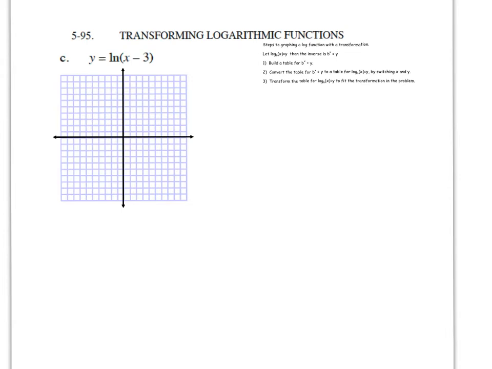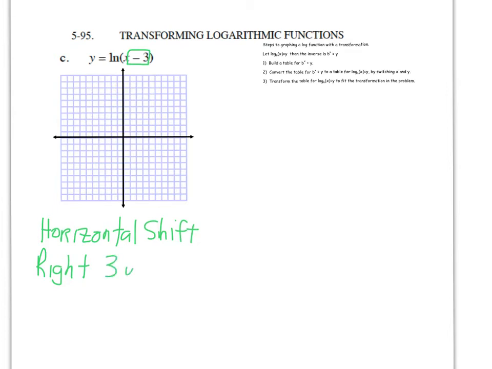I'm going to do one more for you, and then the last two you can work on. This is y equaling the ln of x minus 3. Now this one's going to be a little bit different because we're going to end up with this horizontal shift right in here. So let's just start by identifying that, okay? We have a horizontal shift to the right 3 units.